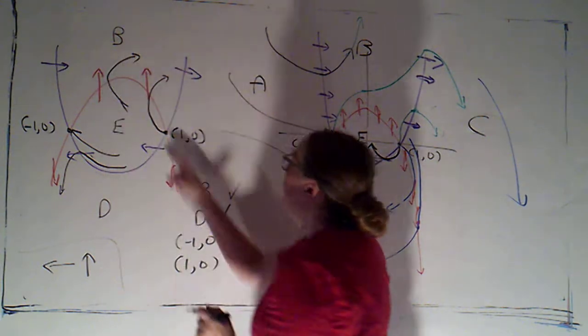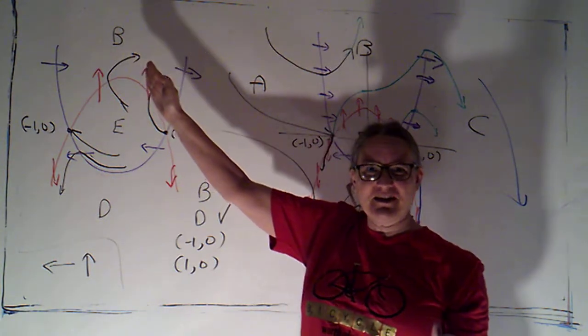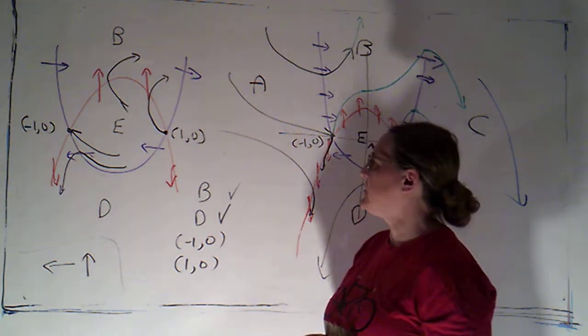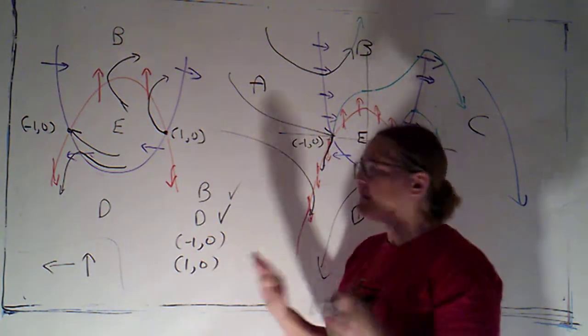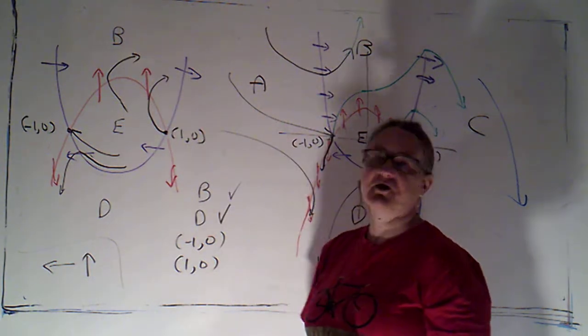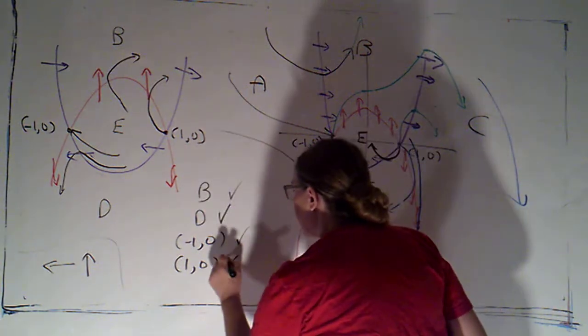Okay. But if I can go away from an equilibrium solution in a region, then I can't in that same region approach that equilibrium point. So sometimes that can be helpful in determining whether you can or you can't approach that point. Okay, so the answer was yes here and no here.